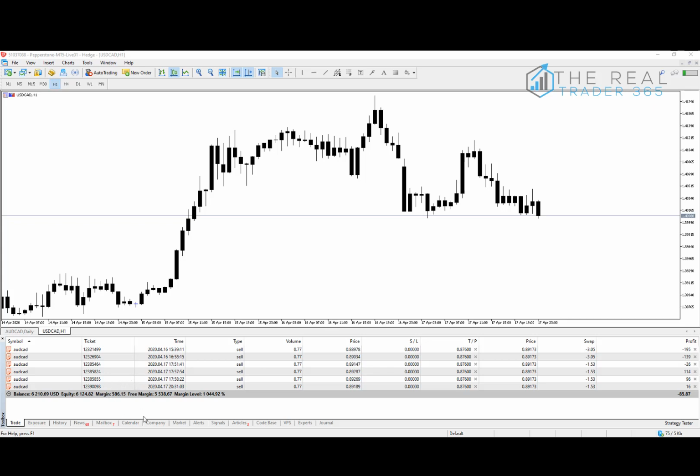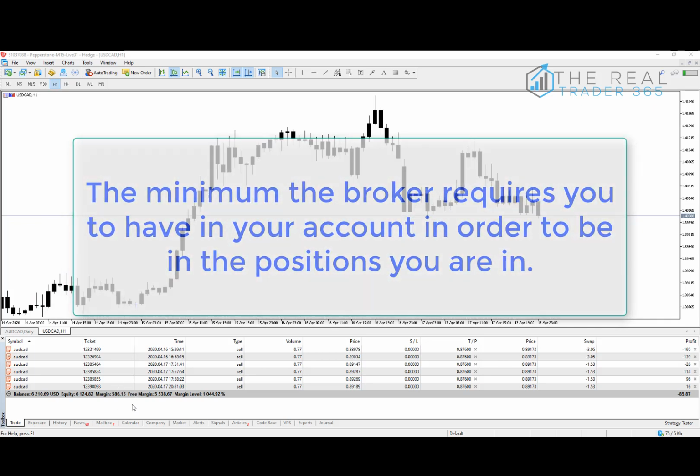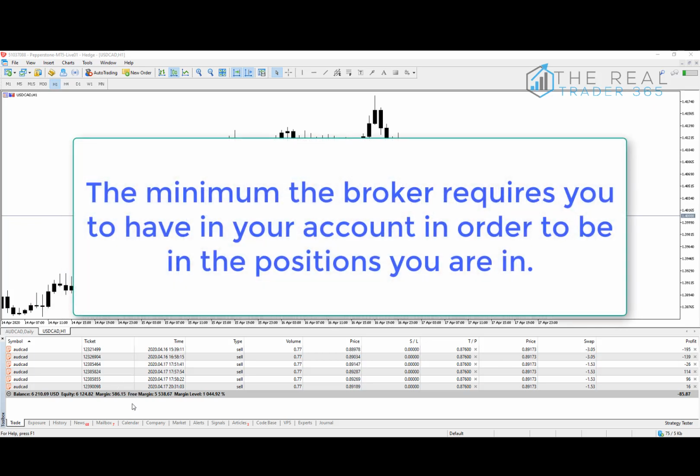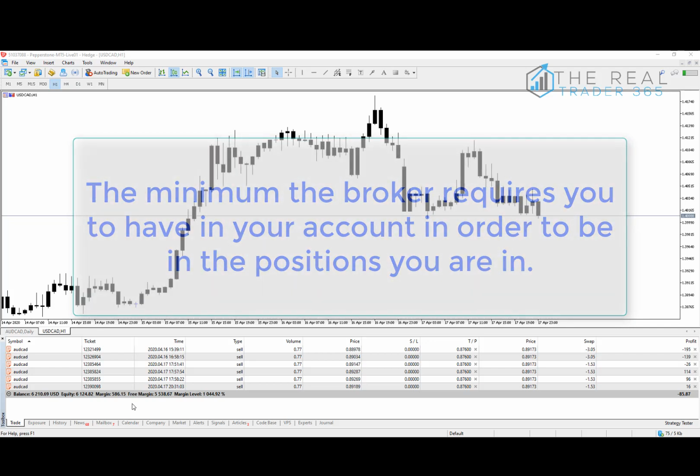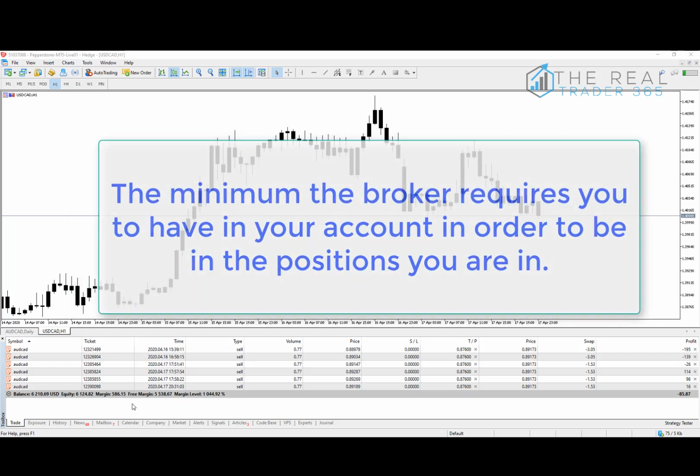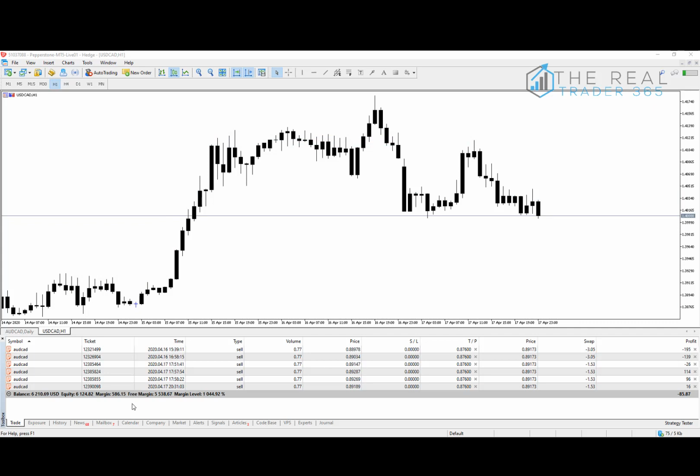Your margin. So your margin is what the broker requires you to have, the minimum the broker requires you to have in your trading account in order to be in the positions that you are in. So for instance, for some pairs, to trade one standard lot will cost you $200.